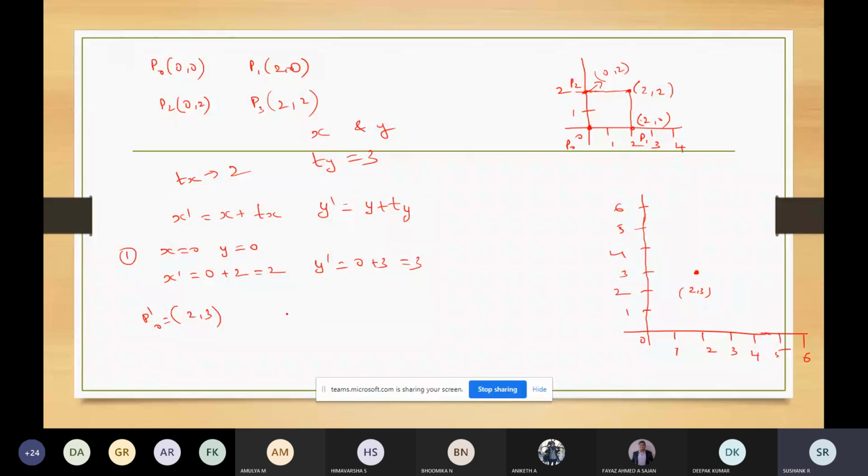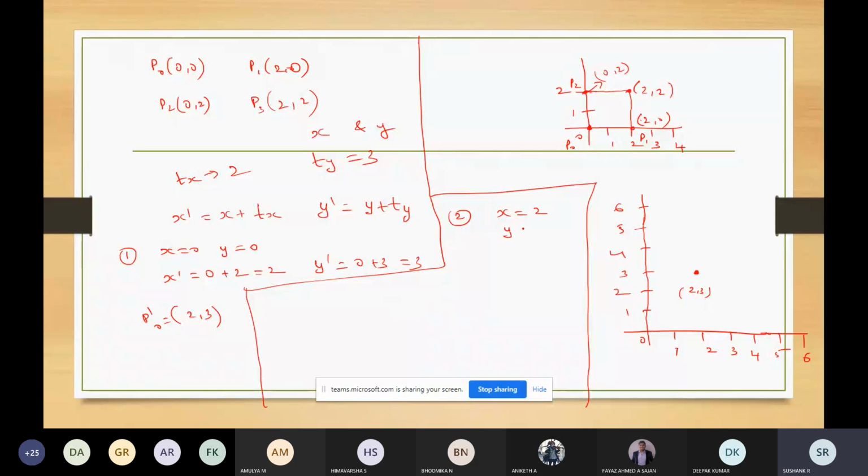Like this, I'll calculate for the second point. The second point is x is 2, y is 0. So x dash is equal to 2 plus 2, y dash is equal to 0 plus 3.